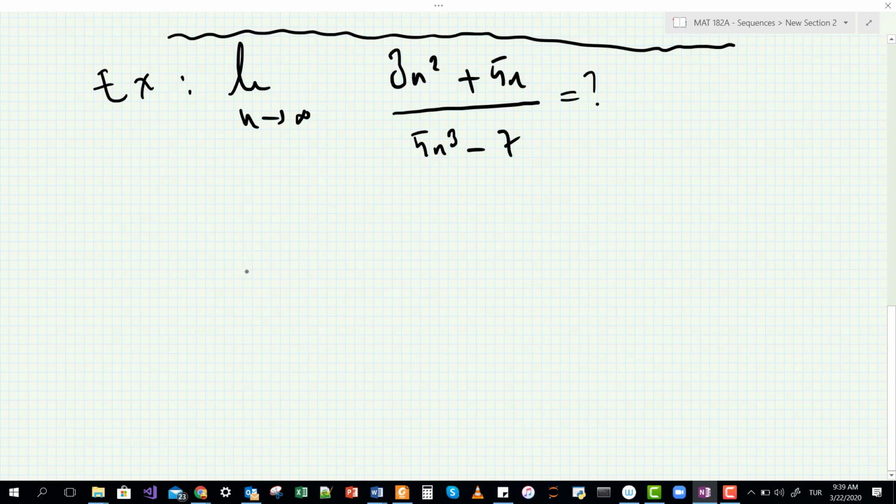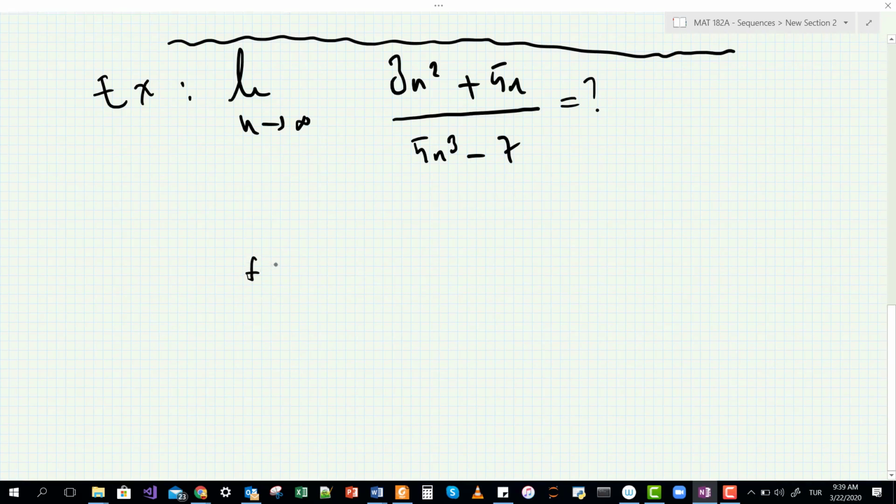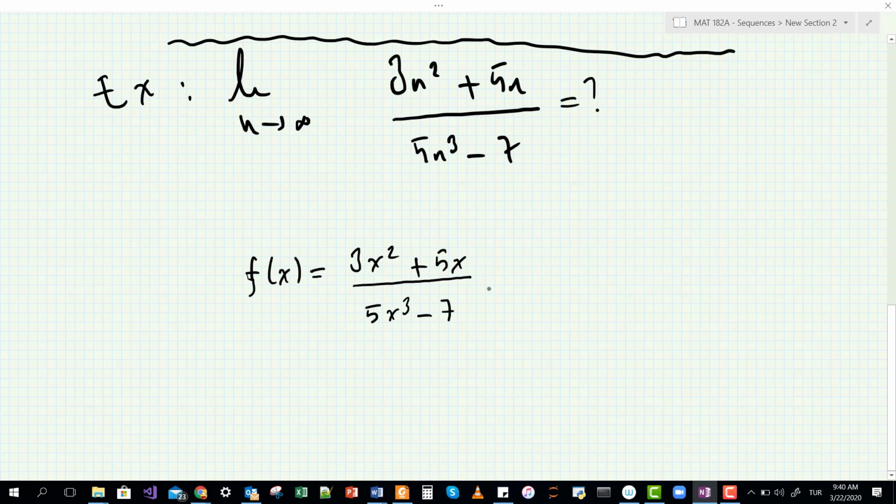But this time, I will choose a function which is equal to the sequence at those points. The function is basically going to be the same, but the only difference is I will use x values instead of n values. The x values are continuous, but the n values are discrete. That's why I can't use the L'Hopital rule directly.